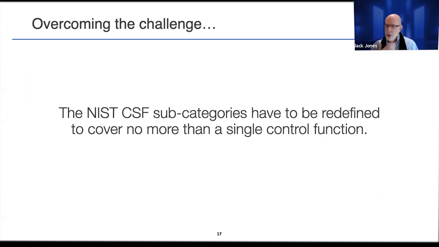So to overcome this challenge, the subcategories have to be redefined to cover no more than a single control function. Now, I'm not assuming that that's going to happen anytime soon. So we're beginning to break this out, and once the mapping is complete, we'll make more progress.